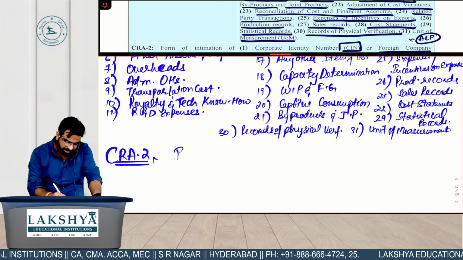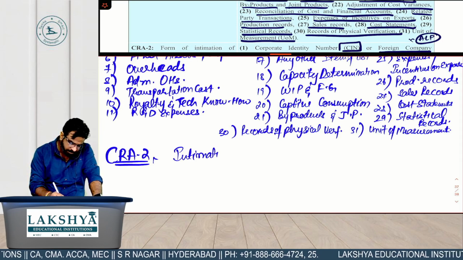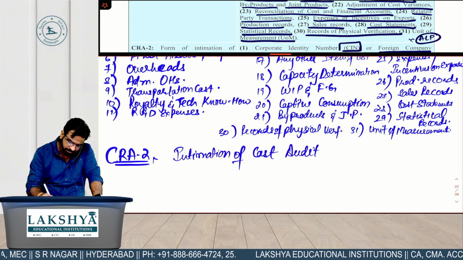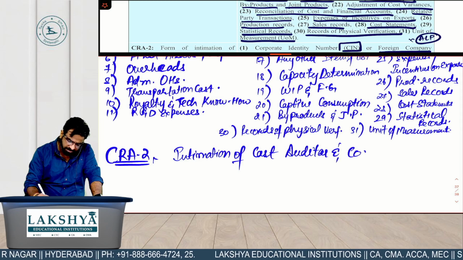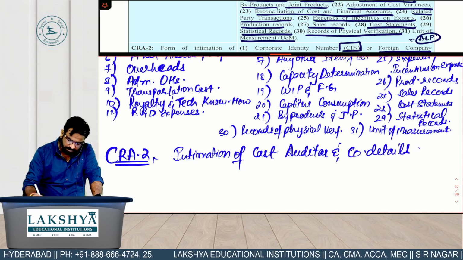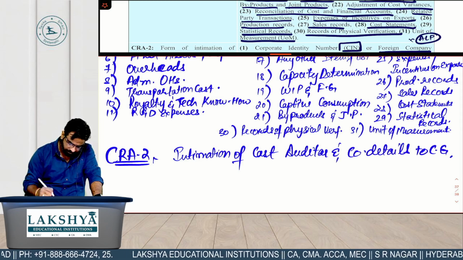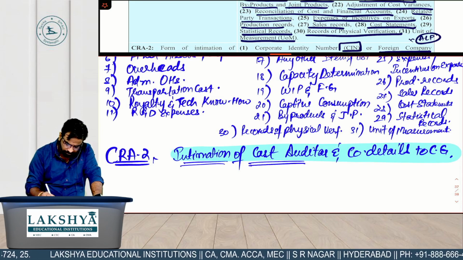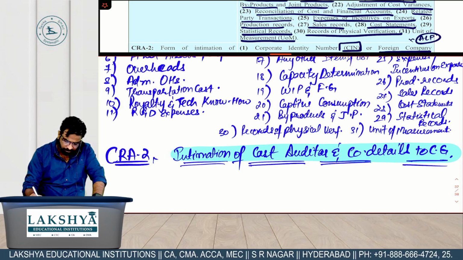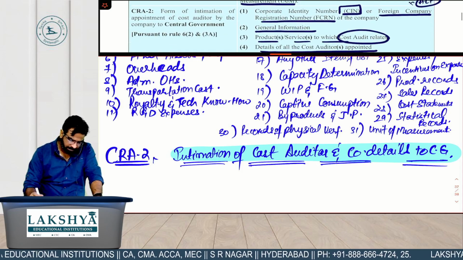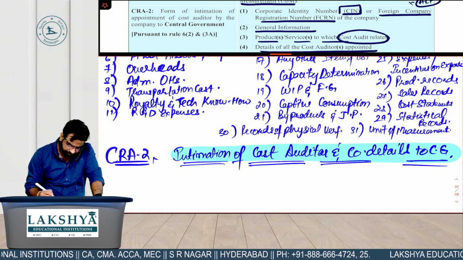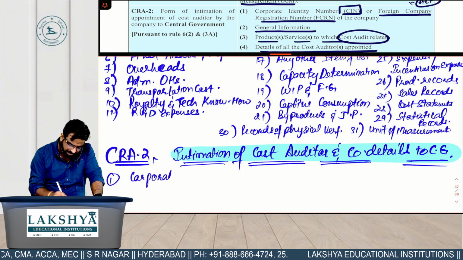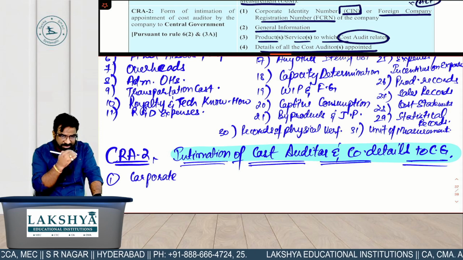That is called intimation of cost auditor and company details to CG. Point number 1. Make sure that you are writing it in sequence. So this one we have to learn in sequence.